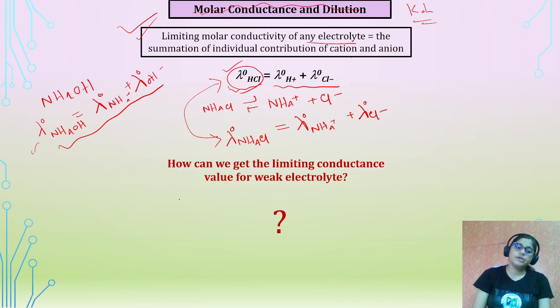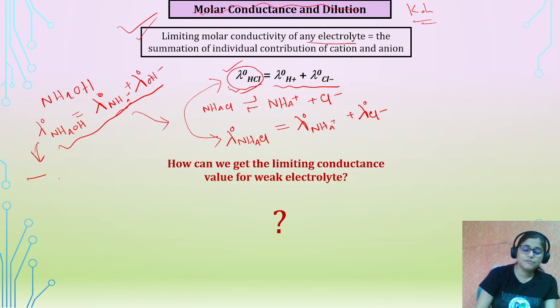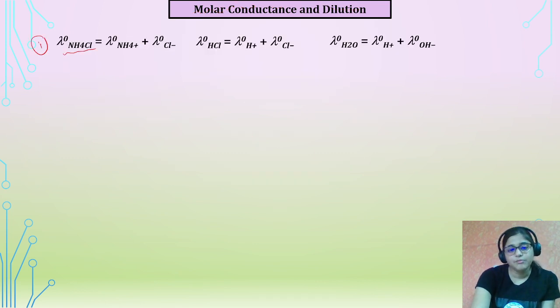We cannot find the lambda 0 of NH4OH value directly, but the values for NH4 plus and OH minus we can find out from the strong electrolyte cases. From that only we can determine the molar conductance of a weak electrolyte.